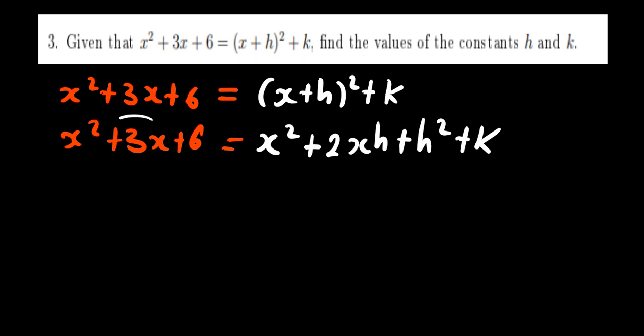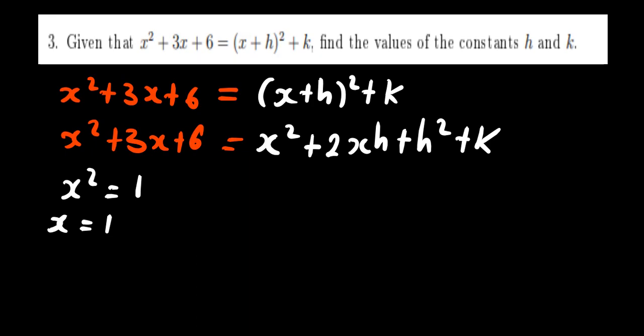Then your 3x and the term that has x are equal, and your constant 6 is equal to the constant term. Since the coefficients of x squared are both 1, the value of the coefficient in this case will just be equal to 1, right?